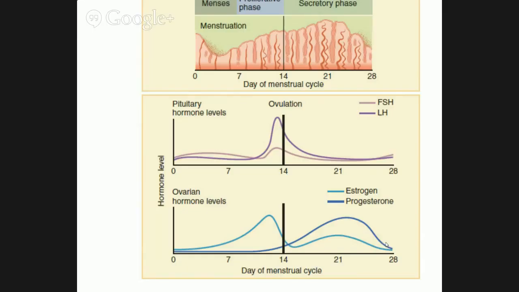When these levels get very low here out at day 28, that's actually the signal to the uterus to go into menses. So it's the drop off of these hormones that causes the start of the next uterine cycle, which is then going to be regulated and followed along by these hormones in the next go round.